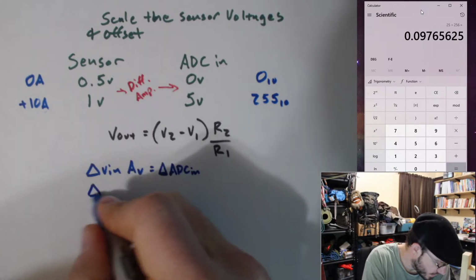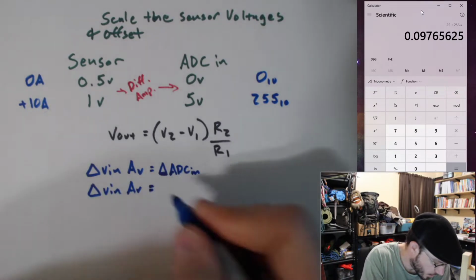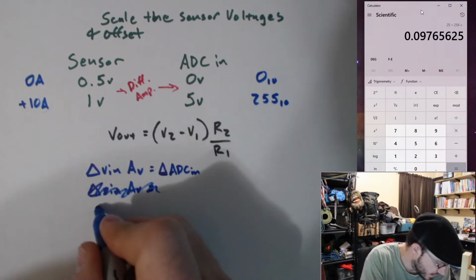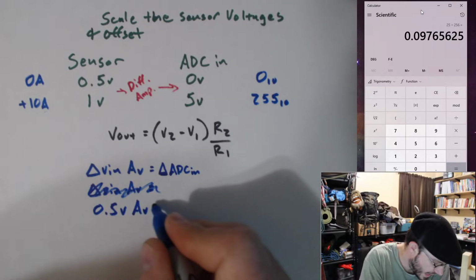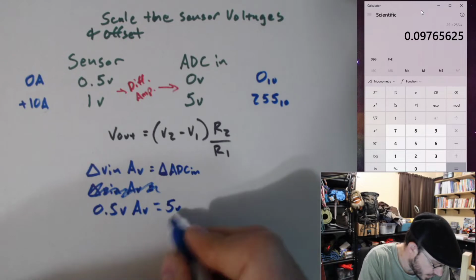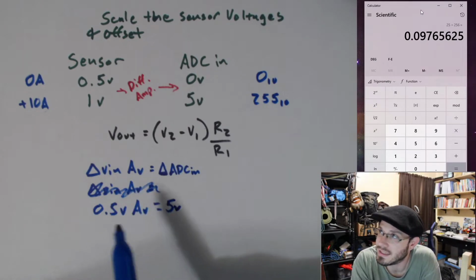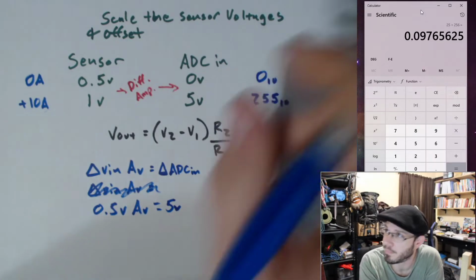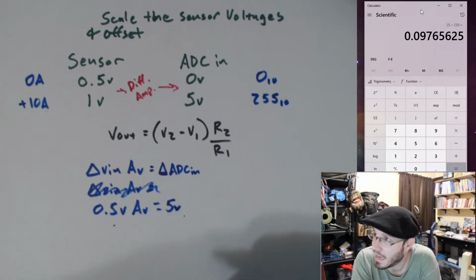Or, in other words, delta V in times some gain needs to equal 5 volts. Actually, I should have written this out as 0.5 volts times some gain needs to equal 5 volts, right? I just use this notation to make this a little easier to see, because we're just talking about the difference between the input to the difference of the output. Okay, so this tells us our gain needs to be 10.